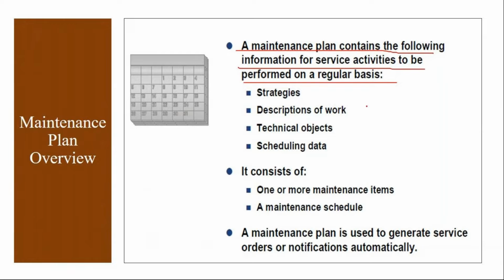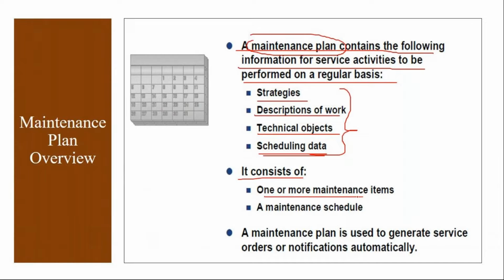So if you want to do servicing on a regular basis and you want the system to inform you, then we will be creating the maintenance plan. It contains the strategies, the description of work, what are the technical objects, and the scheduling data. I will show you all these things in the system. And it also consists of one or more maintenance items.